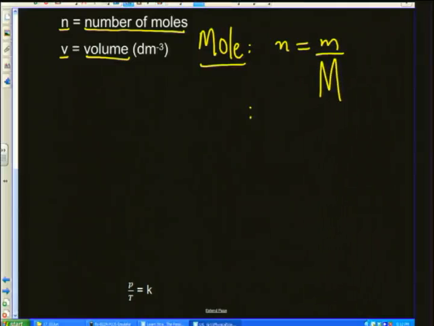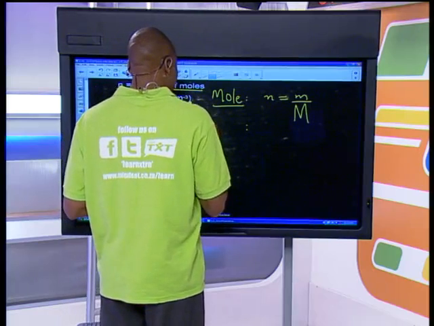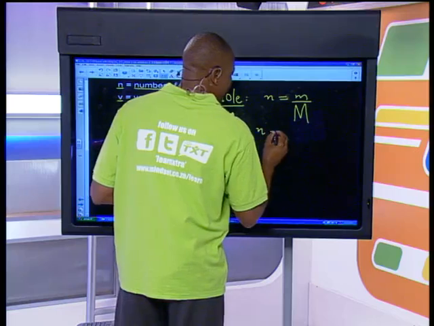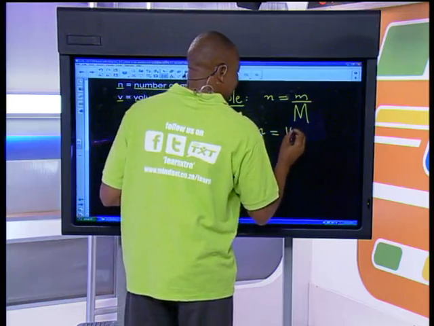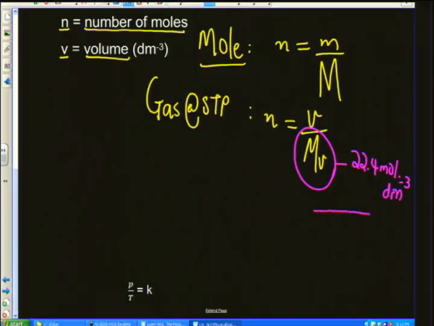But the same mole, we also saw that if I'm talking about gases at STP, the number of moles can be found by the given volume divided by the molar volume, which is, of course, always 22,4 cubic decimeters per mole. So that is the molar volume.